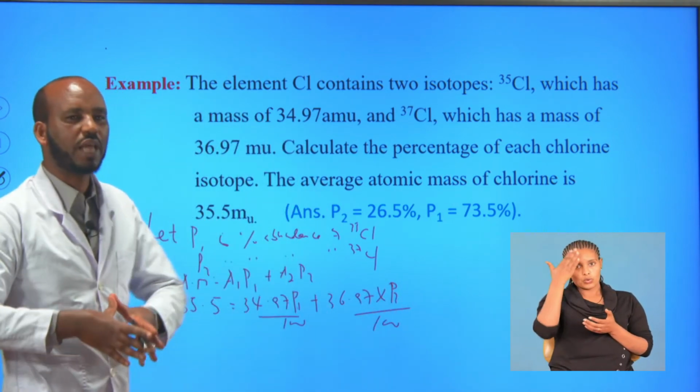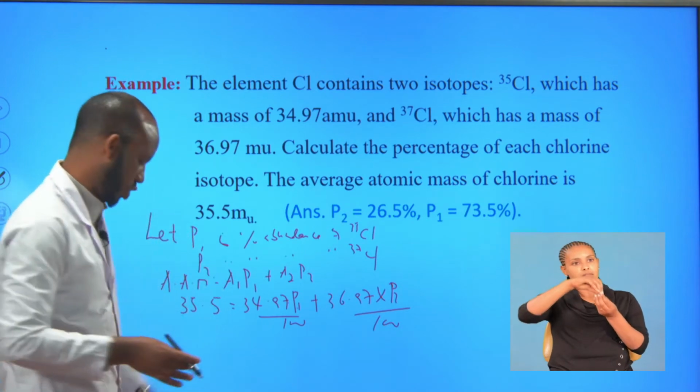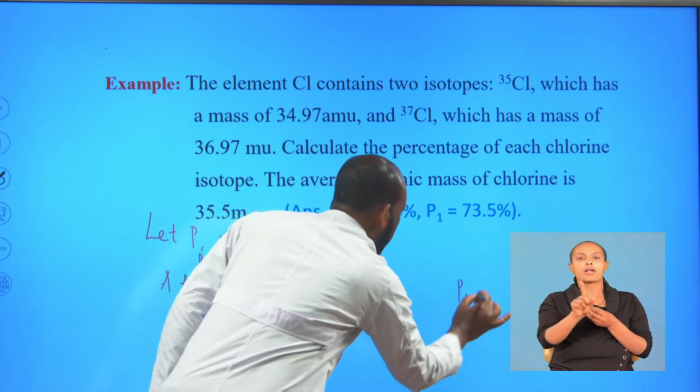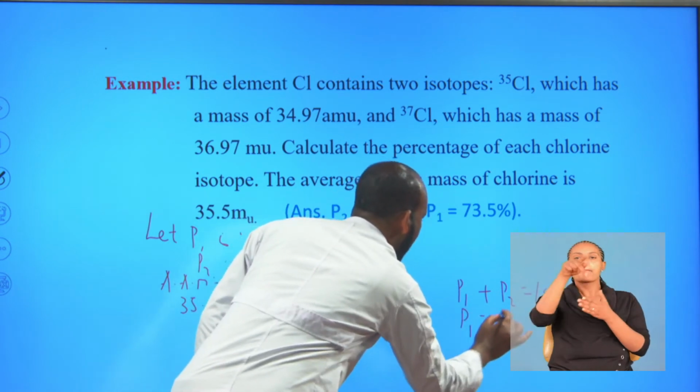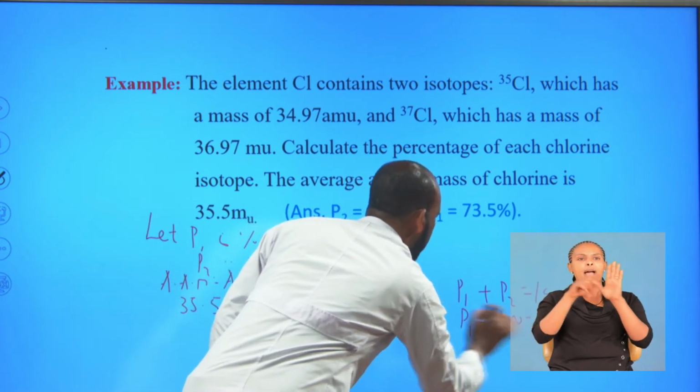We know that percent abundances add up to 100. P1 plus P2 equals 100. From this, P1 equals 100 minus P2.